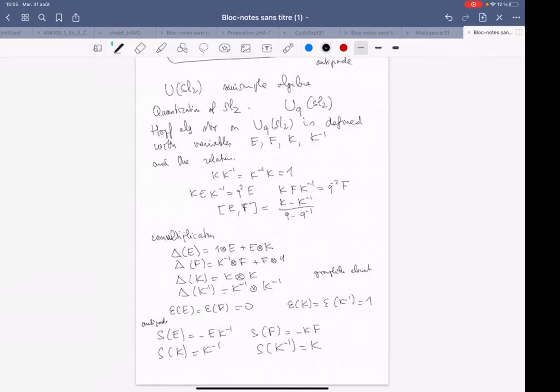About quantum groups, you can find some reviews on arXiv or on the internet. If you Google quantum group, you can find them easily. There are some reviews, and they can provide references also.